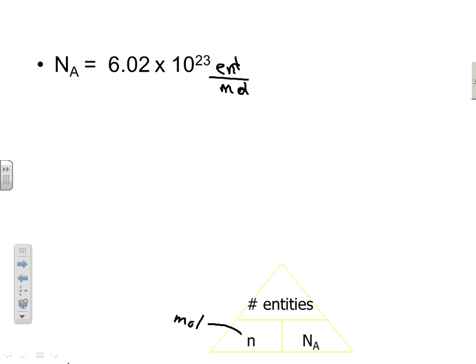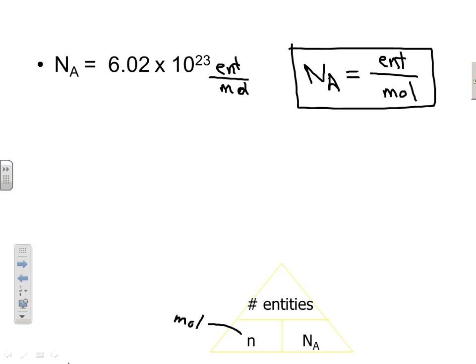The formula is hidden in the units themselves. We can say that Na, this number, is equal to the number of entities, and I'm just going to write ent for entities, divided by the moles. There is our equation.